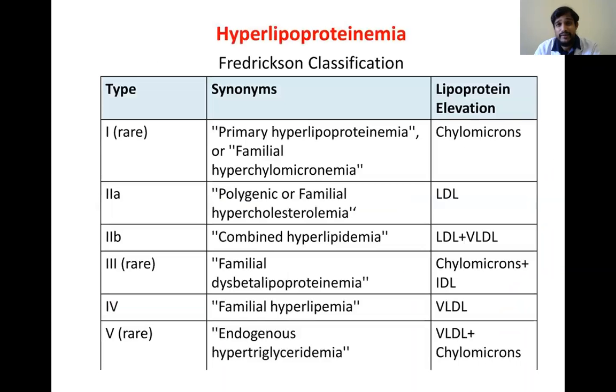Okay, dyslipidemia. Hyperlipoproteinemia is also a dyslipidemia, which is a hereditary condition. There is a classification in which different components of the lipid profile will be increased or decreased depending upon the condition. So that's why we assess the lipid profile.